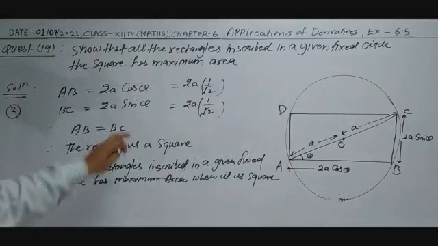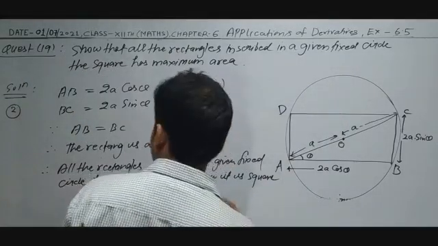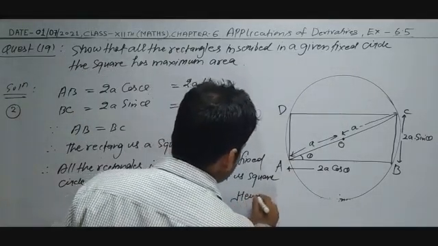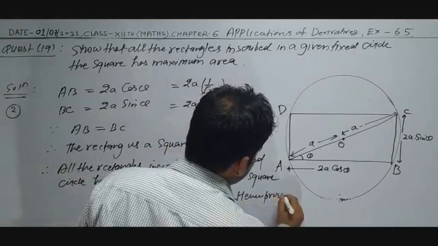This shows ABCD is a square. So the question is completed. Hence proved.